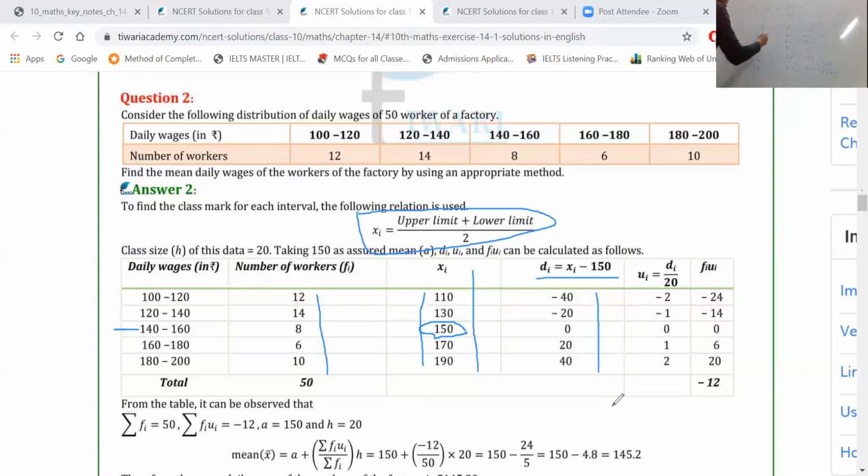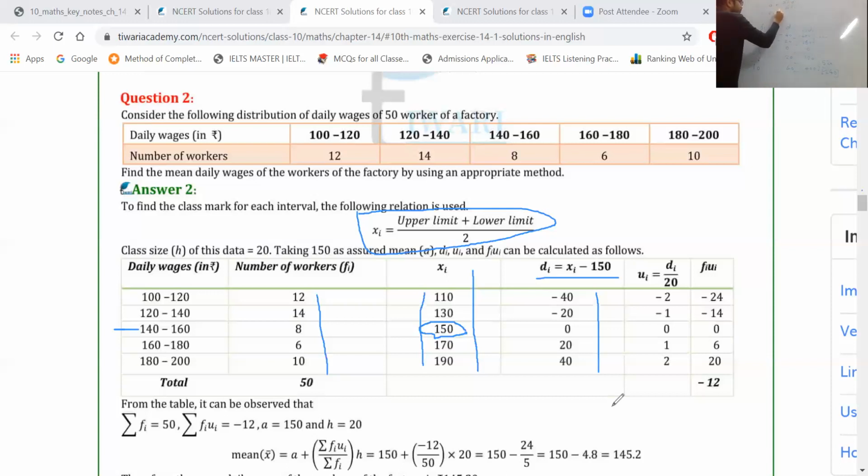And the formula for this, what we have? That is x bar is equal to A plus sigma fidi upon sigma fi. So A is equal to what we had assumed. As you can see, we had assumed A is equal to 150.